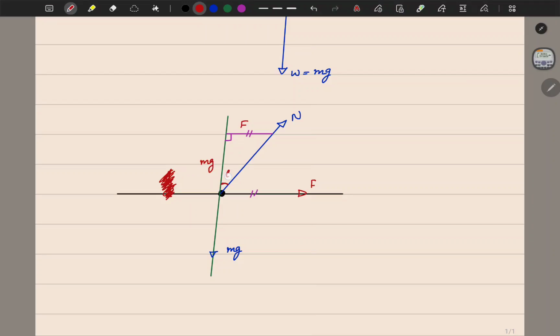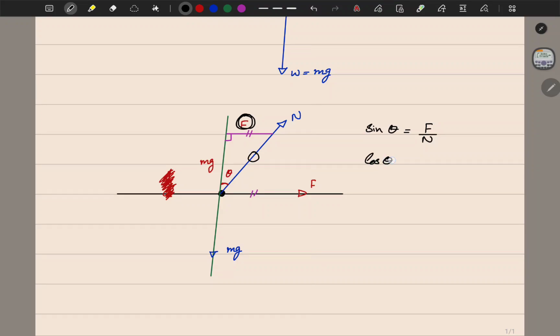And we're going to have an angle here that is theta. We can see that sine theta equals F divided by N. The hypotenuse is N, and the opposite is F.